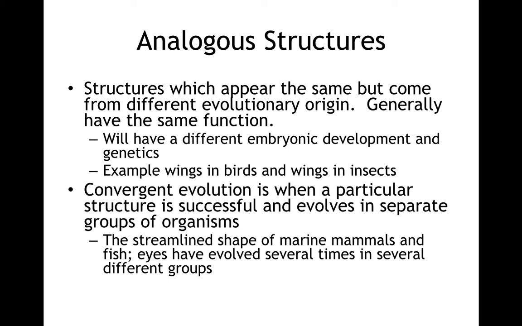A bat's wing is made of 5 very extended fingers, and they encapsulate skin, which makes a wing structure, versus birds. They lose some fingers through development, and they basically have a couple fingers which are really strong, and they have feathers that come off of it, which allows them to fly and keep their bodies warm too. So some structures are a little crazy one way or the other.